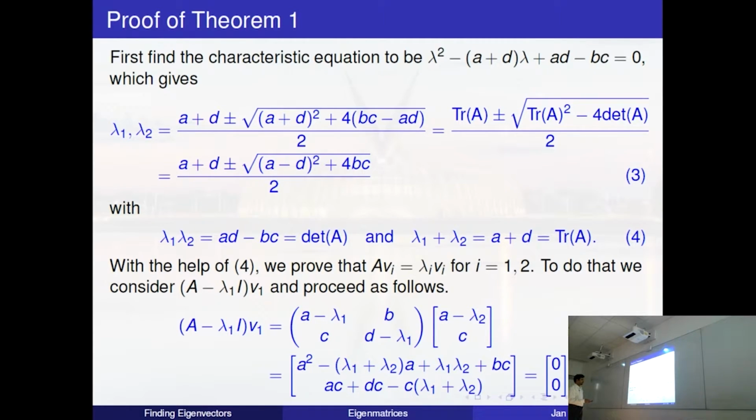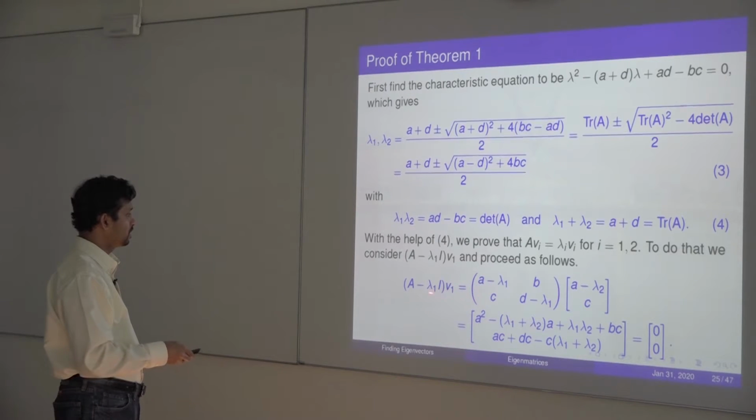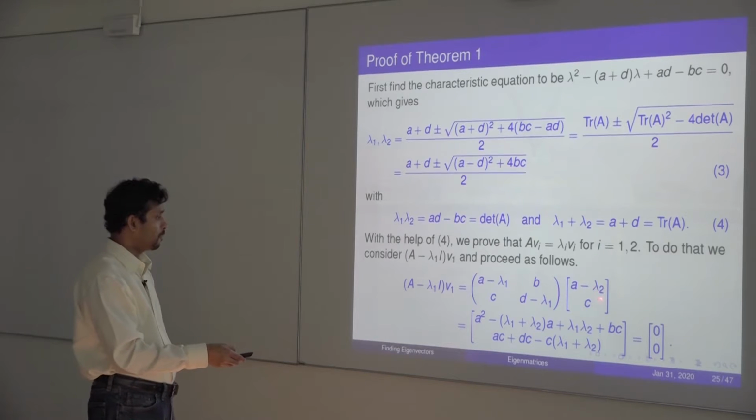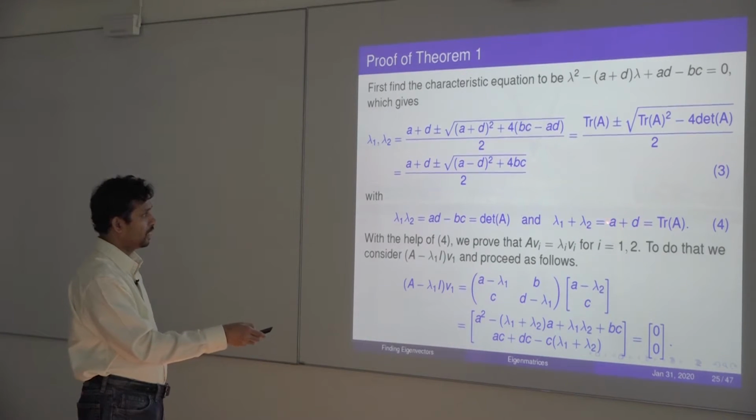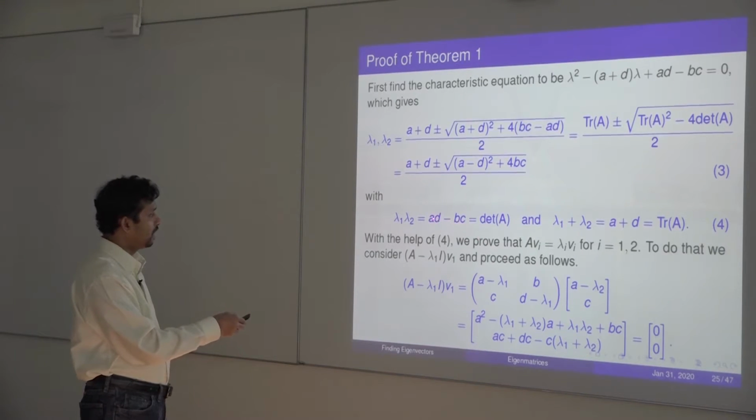Let's say lambda 1 has a corresponding eigenvector. This is the A minus lambda 1 I matrix, and that's the corresponding eigenvector. You get this by subtracting lambda 2 here, and then you multiply through. Once you multiply through, what's going to happen? We substitute for lambda 1 lambda 2, that one, A plus D, and lambda 1 lambda 2 is the determinant.